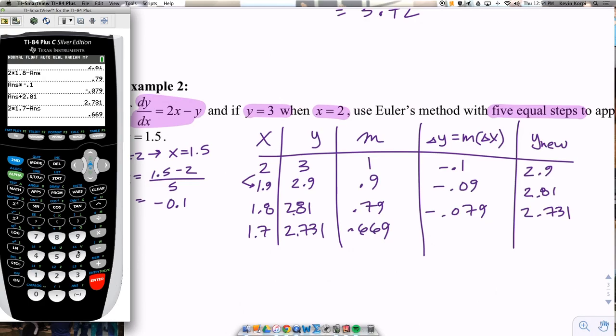And then you multiply that times negative 0.1, negative 0.0669. You add that right back to 2.731.